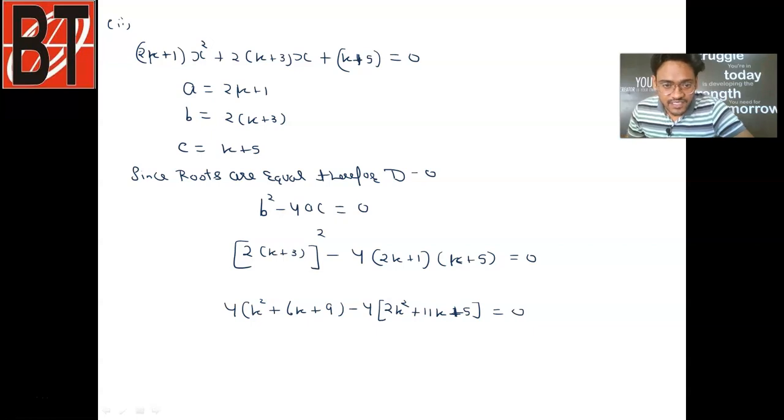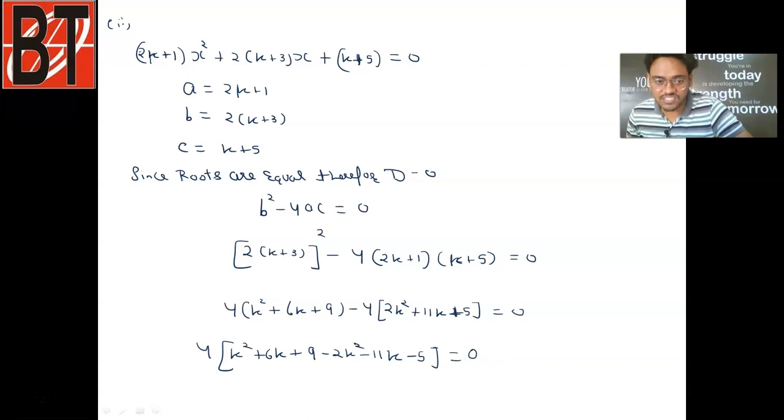Now students, can you observe that 4 can be taken completely common? Okay, 4 can be taken completely common, so we will have inside the bracket k square plus 6k plus 9 minus 2k square minus 11k and minus 5. Because minus is outside the bracket, it will change the sign of each term. Okay, so students, from here since 4 cannot equal to 0, or you can think that 4 is just divided by 0.